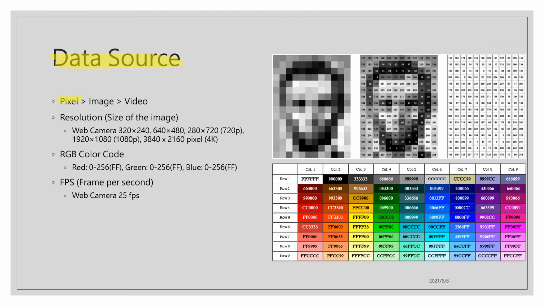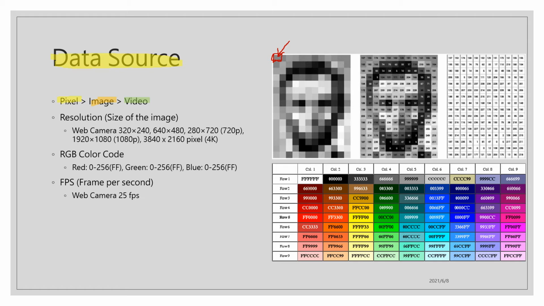Every image is transformed into lots of squares, and each square we call a pixel. When lots of pixels come together, they form an image, and when lots of images go together, we have videos.